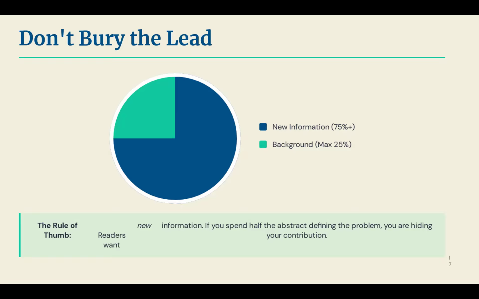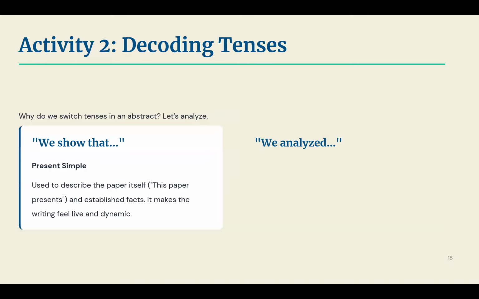There has to be a background as well, but its weight is 1/4, whereas the new information covers 3 portions out of 4. You see? So don't bury the lead. Ensure that the lead is surfaced, and at the same time, you do not bury the background. Background and new information both are there, but without burying the lead, the new information.